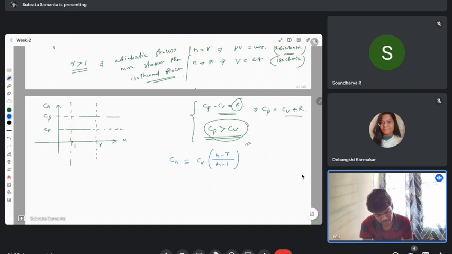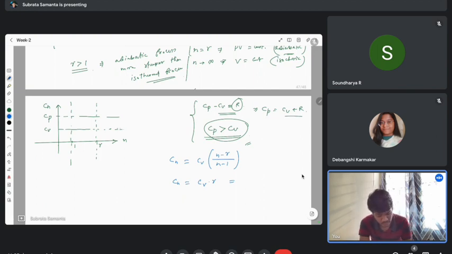So n equals 1 means Cn diverges, right? But for n less than 1, let's say first put n equals 0. Then Cn is Cv times gamma, right?